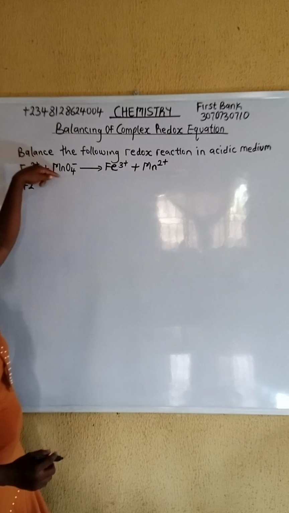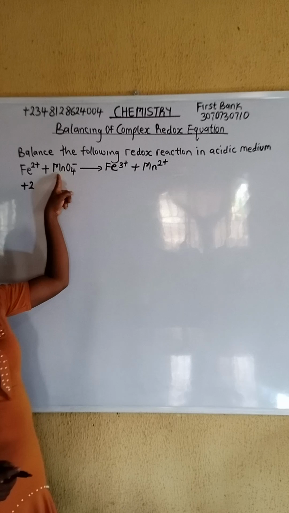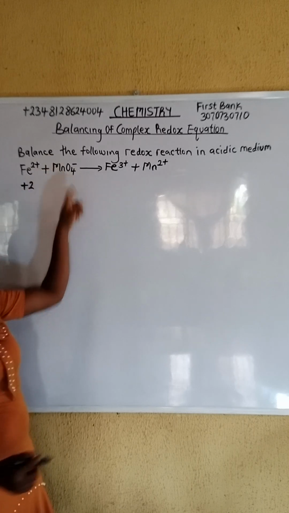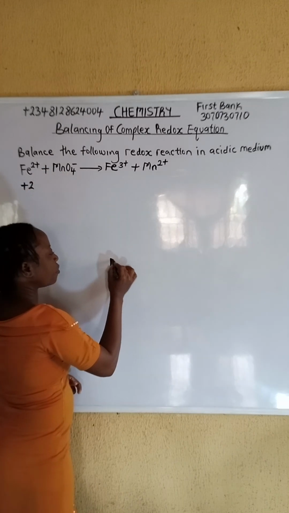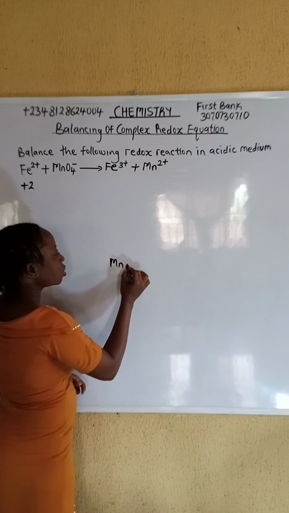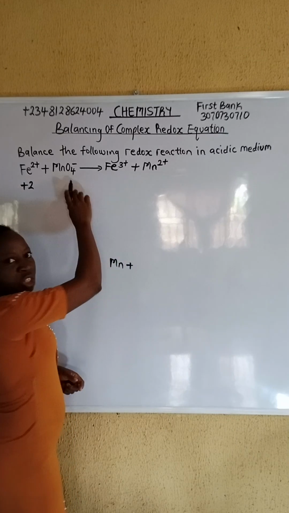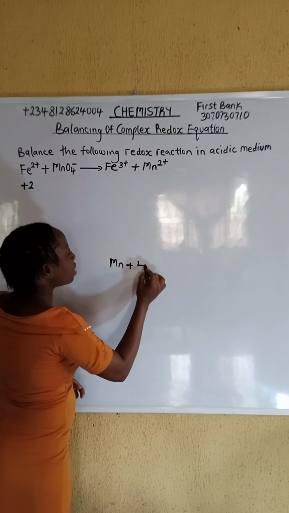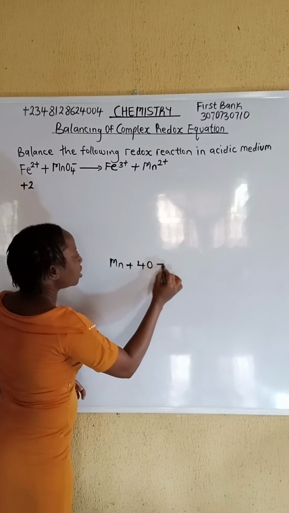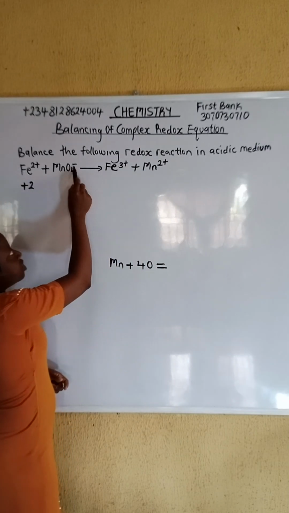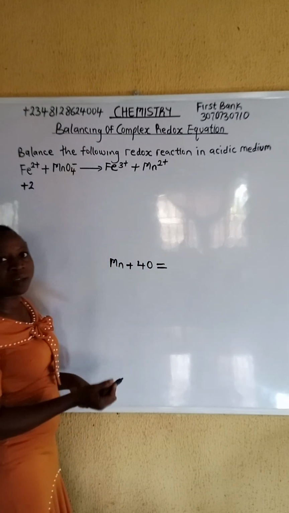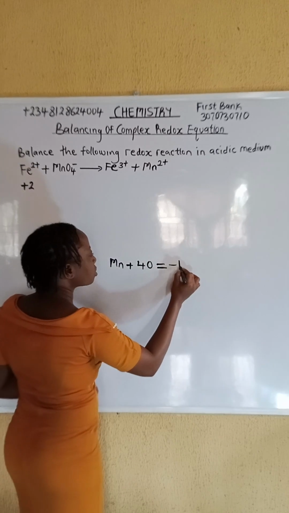So you are going to calculate the oxidation number of manganese in this ion. So let's look for the oxidation number of manganese. That is Mn, and how many oxygen atoms do we have? We have 4 oxygen atoms, equal to the charge on it. This minus means -1.